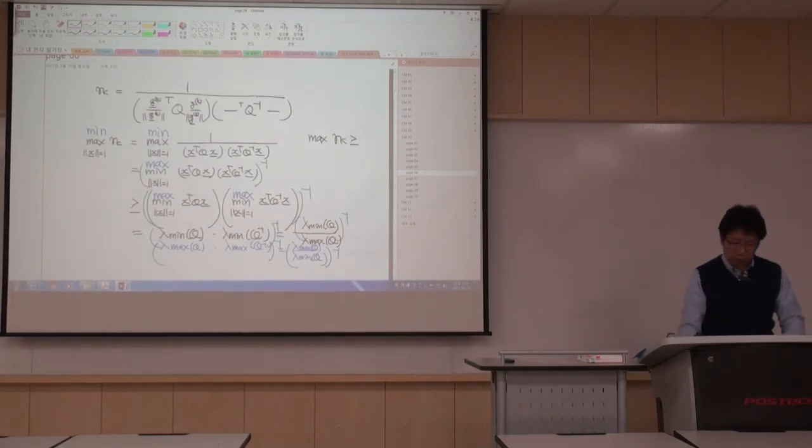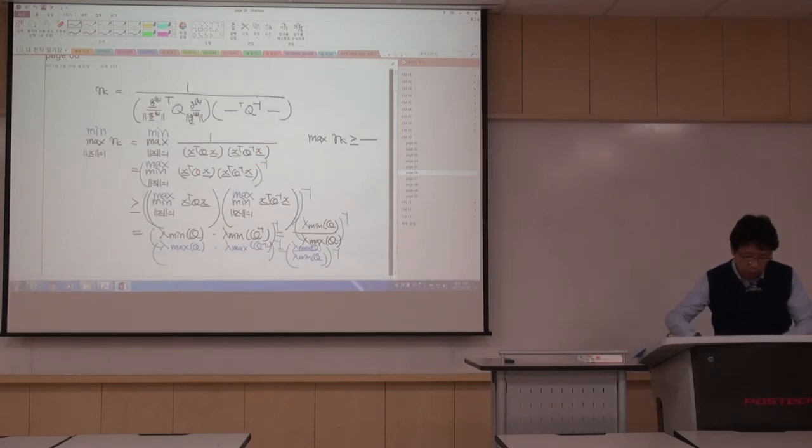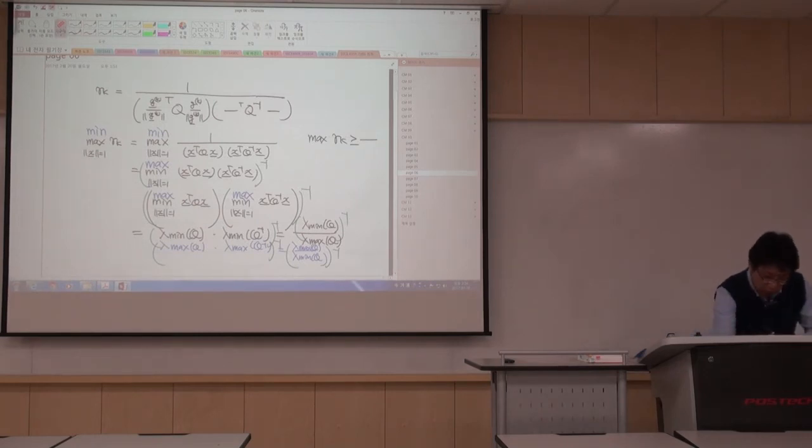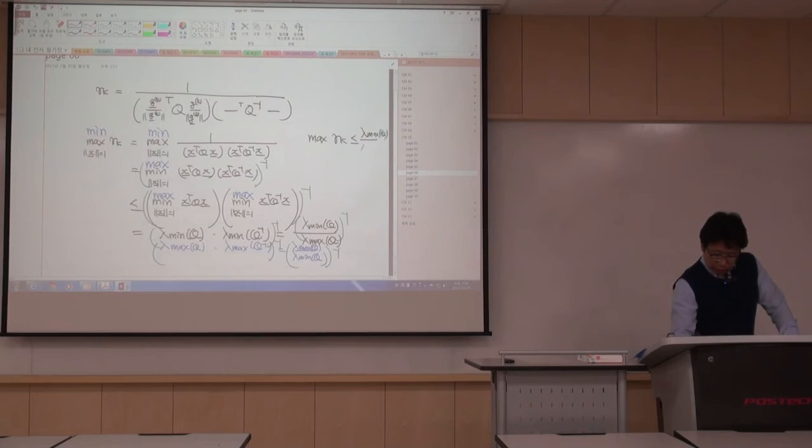Okay, so max is greater than or equal to what? Am I correct? Oh, sorry, something is wrong. Okay, so this way. Confusing. So lambda max of Q divided by lambda min of Q, and similarly the min of gamma k is greater than or equal to lambda min of Q over lambda max of Q. Am I right?